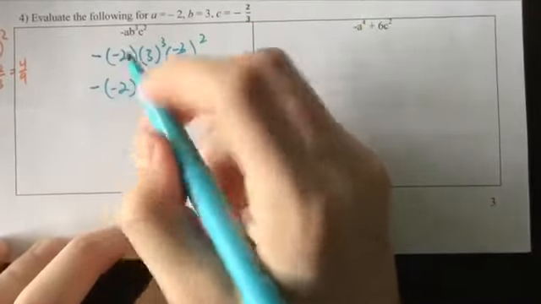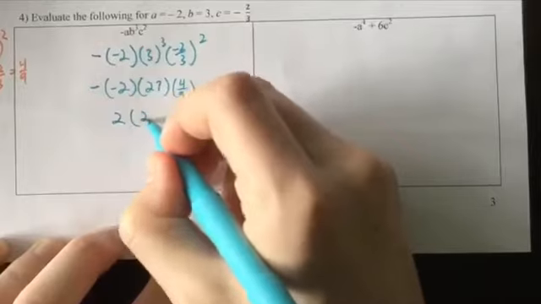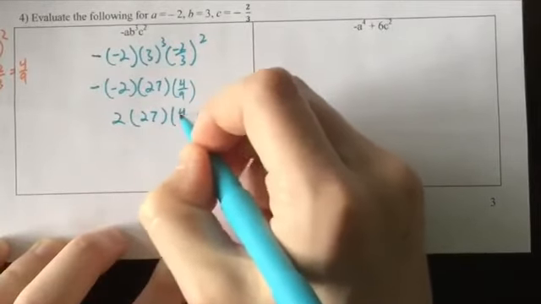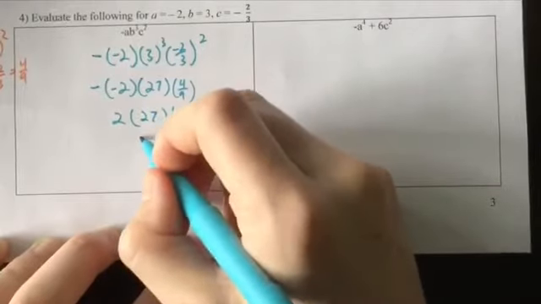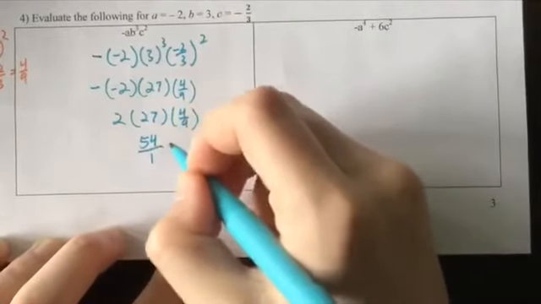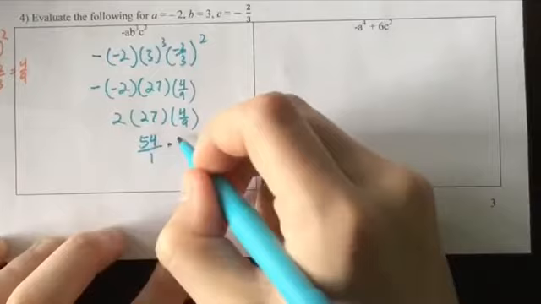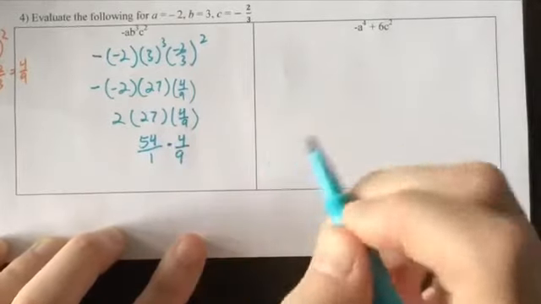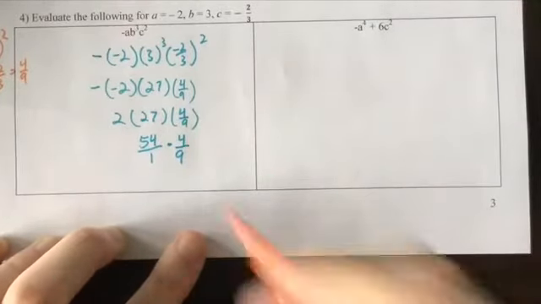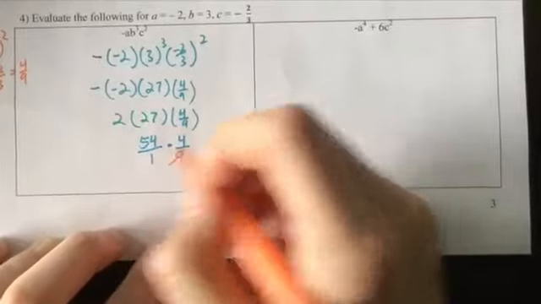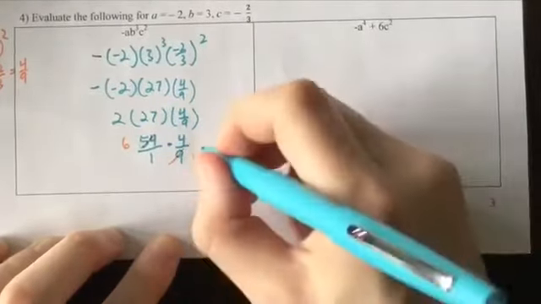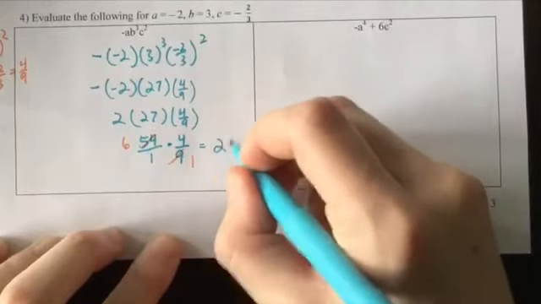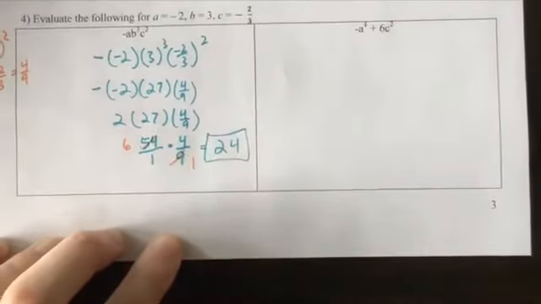Right, negative times -2 is +2 times 27 times 4/9. 2 times 27 is 54. So that's going to be 54 over 1 times 4 over 9. And there's a common factor there of 9. 9 goes into 9 once. 9 goes into 54 6 times. So 6 times 4 is 24. 24 over 1, 24. Ooh, that was nice.